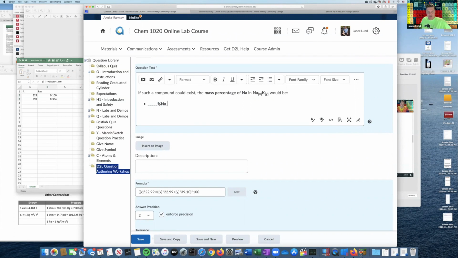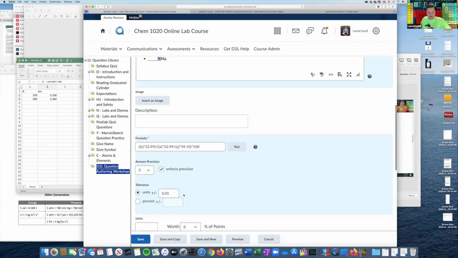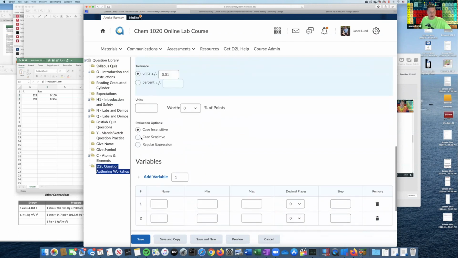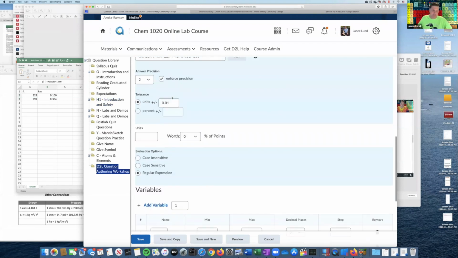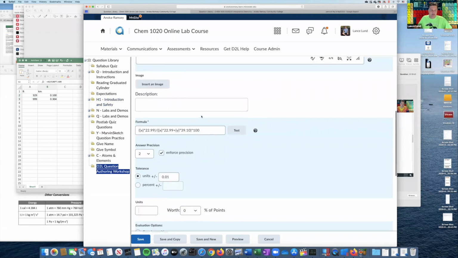Unless you are doing a case insensitive one and you know for sure it's just going to be percent, you can put that in here. But if you start putting a percent symbol in here, you risk perhaps causing an issue with regular expressions. So this one I don't bother with the units.